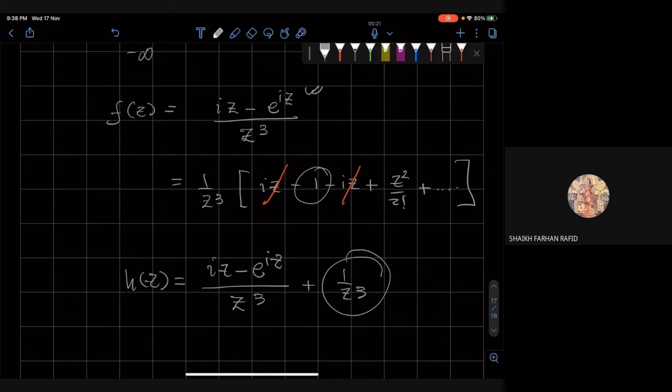However, when we added this, we actually did not change the imaginary part of the function on the real line. Okay? Is that clear?